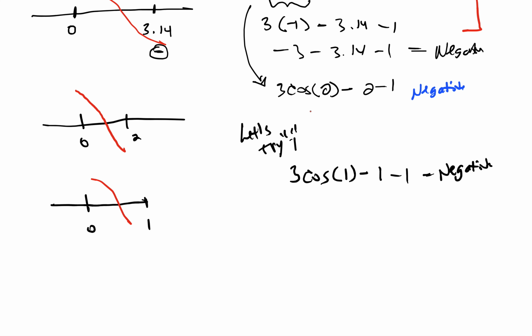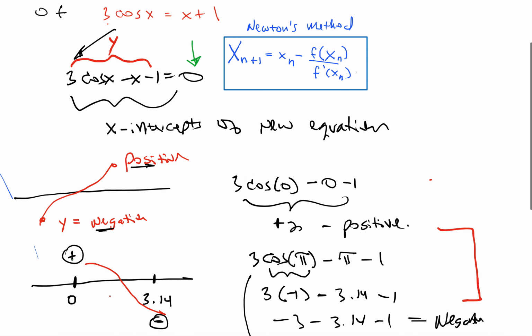Okay, so we're going to pick a number between 0 and 1. So we're going to say 0.5. Okay? So we're going to get, let's put down our equation again, which is up here.